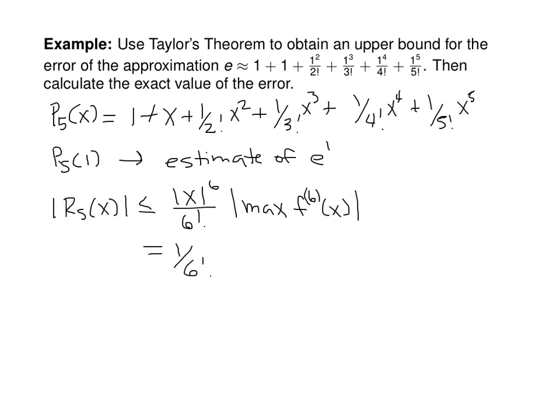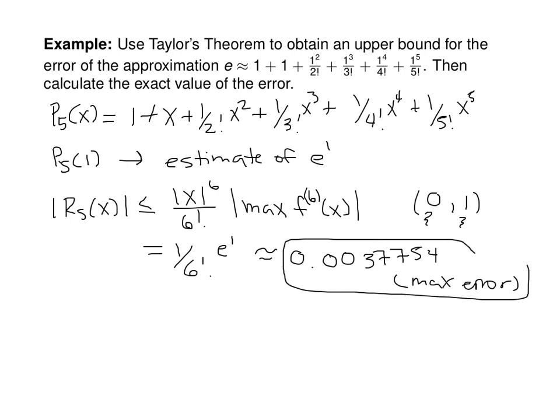And because our function was e to the x, and the interval we care about is 0 to 1, because 0 is where we're centered and 1 is the value we plugged in, the maximum value will be e to the 1st, which is about equal to 0.003774.